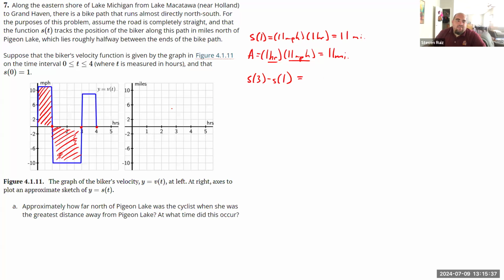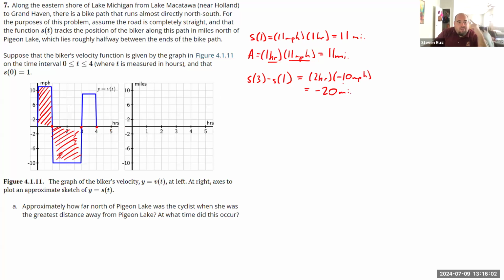So what is that going to be? That's going to be the area between this part of the curve and the x-axis. So that is 2 hours. But now what is the velocity? Careful, it's negative 10 miles per hour. So that gives me a change in position of negative 20 miles.